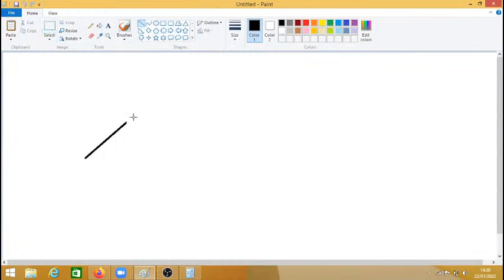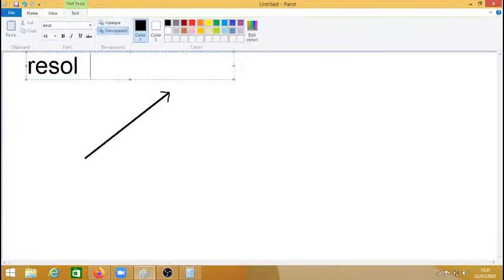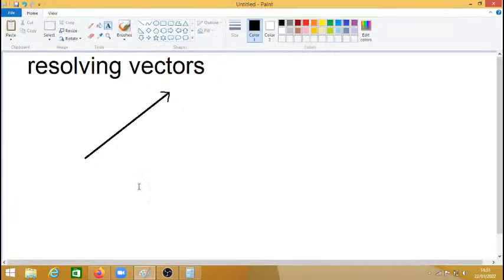Let's continue, and we've got now the particle being fired off at an angle. So let's just remind ourselves how we resolve vectors or resolve forces. We've done it a couple of times now in the previous chapters, so hopefully you're comfortable with this.